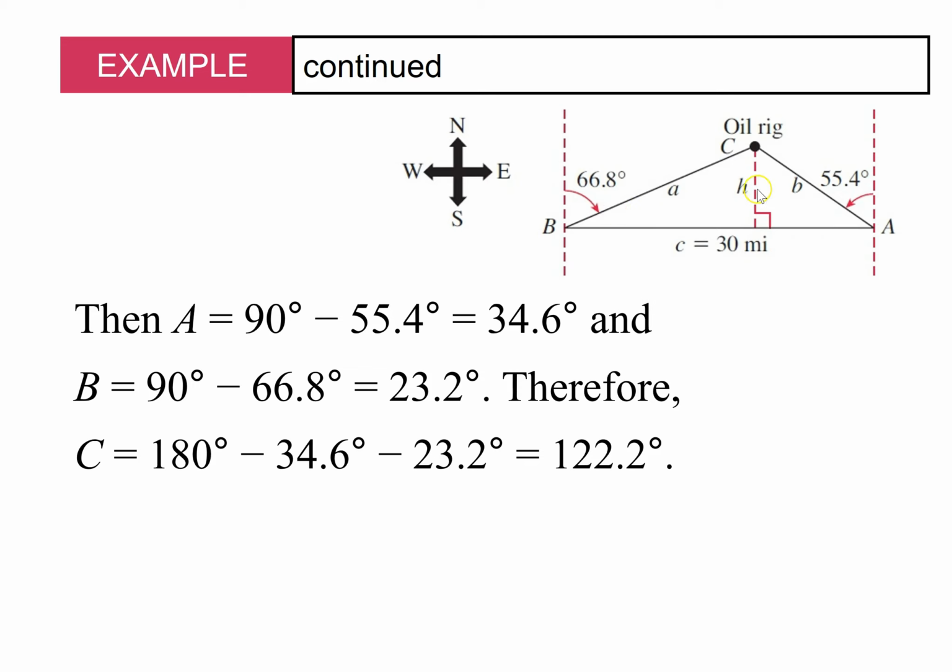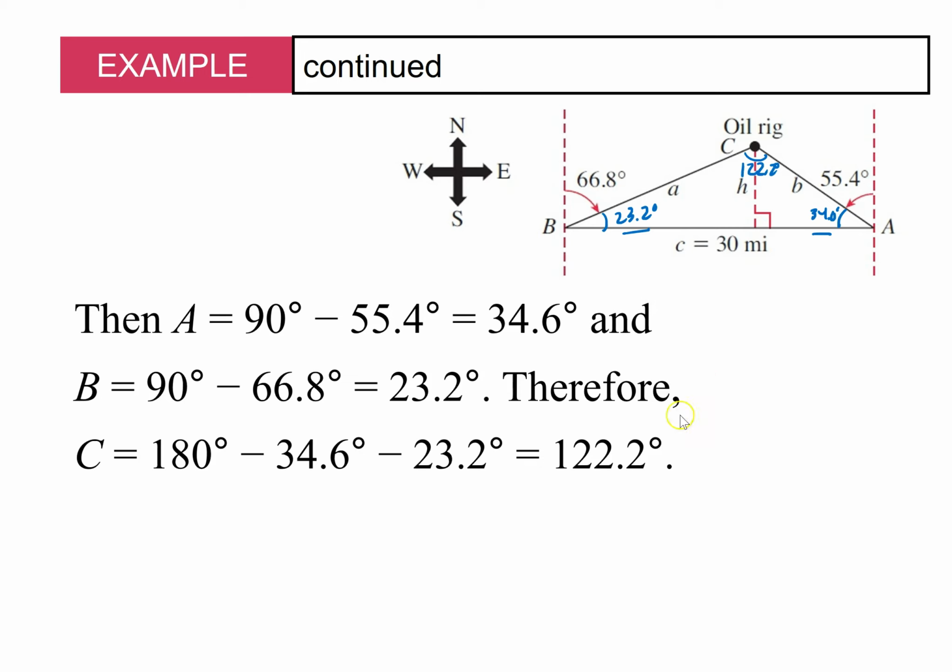Now, based upon those, can you get angle C? Absolutely. Let me write it in as we go so you can see a little better. This would have to be 34.6, this would have to be 23.2, and if you add these two up, you get 122.2, which is angle C inside that triangle.